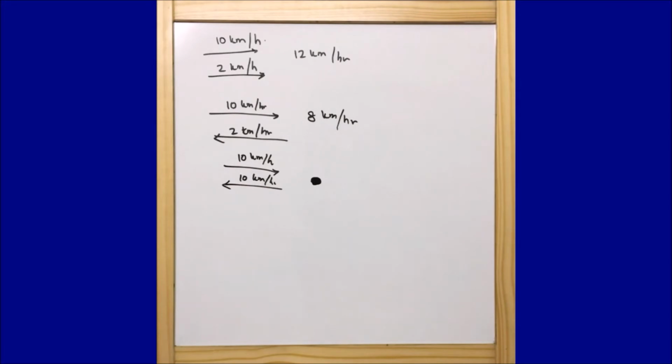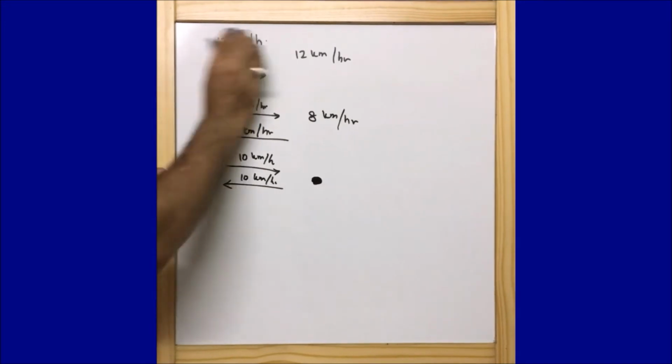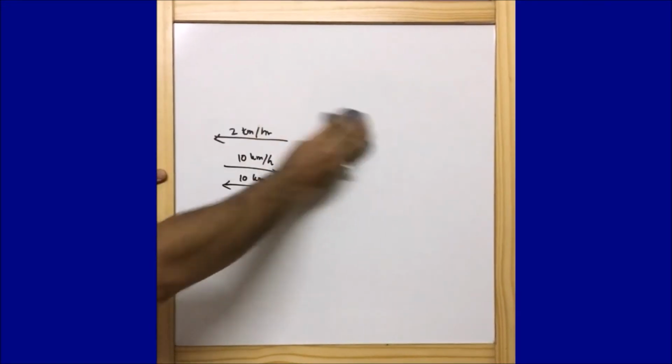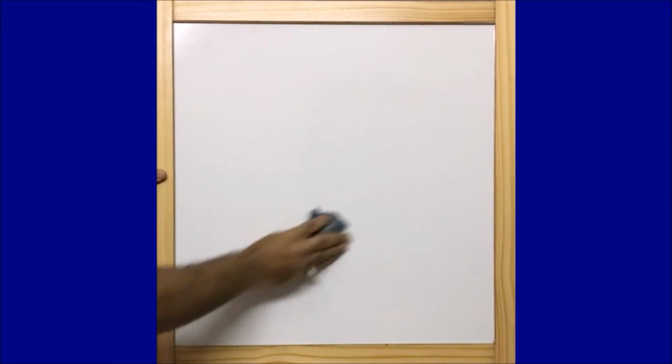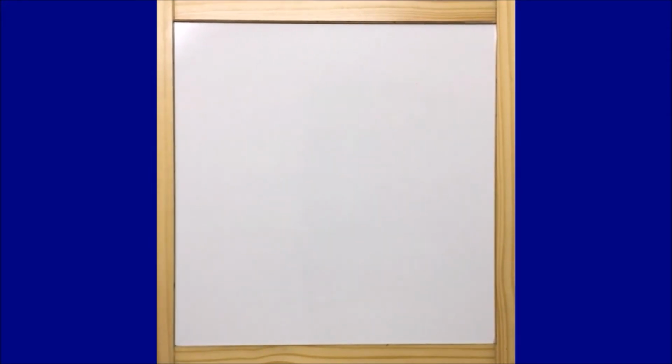It will stay there, because the speed of the boat and the speed of the stream get nullified, it becomes zero. Now please keep this in mind and let us see how we are going to solve this given question. Just for explaining, I tried to explain in such a way that we can understand what happens with the speed.